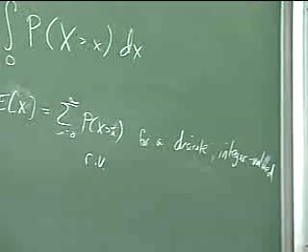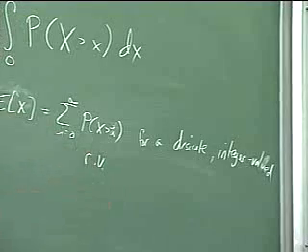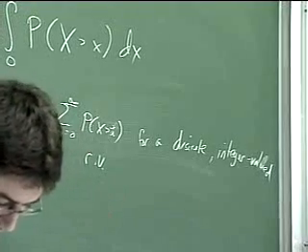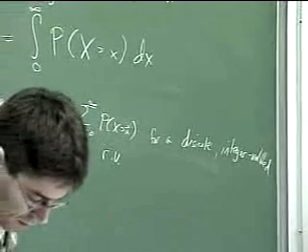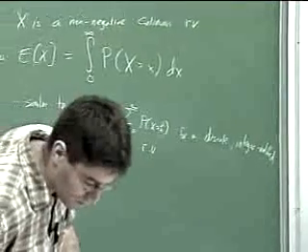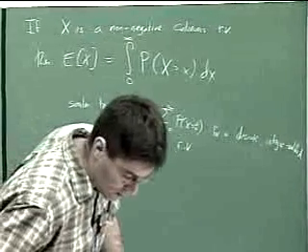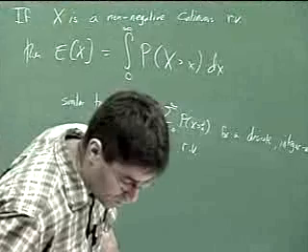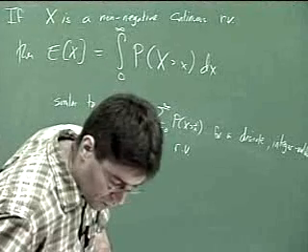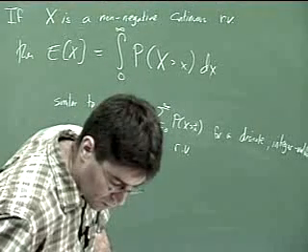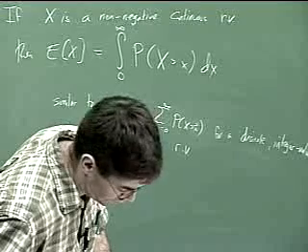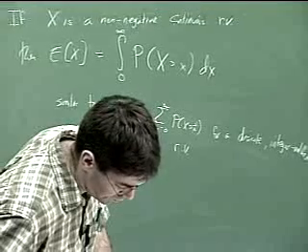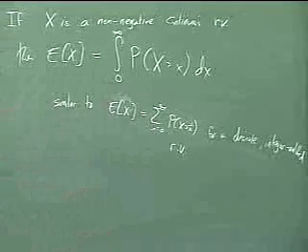And then I have something in my notes here about how to prove this. Let's see if I actually want to do this. Is that the best way to show it?